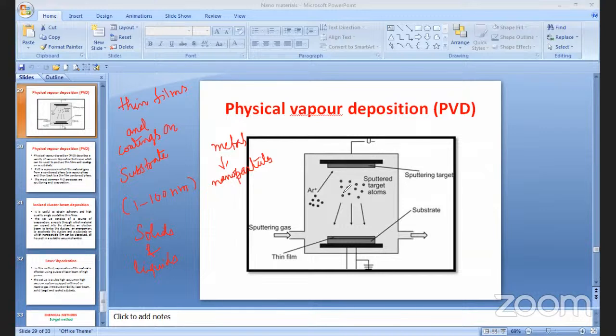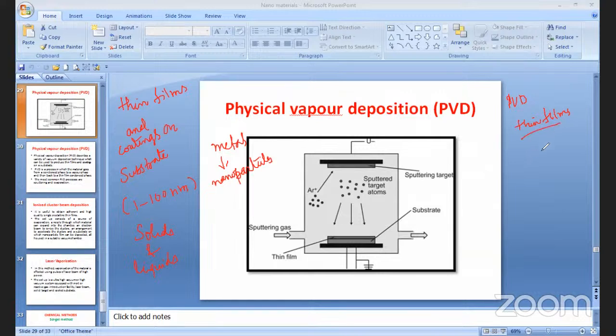Now let us see the applications of physical vapor deposition, which we generally call PVD. PVD is used in the manufacture of items which require thin films. In the application of thin films, we use PVD, and these thin films are utilized for optical, mechanical, chemical, or electronic functions.